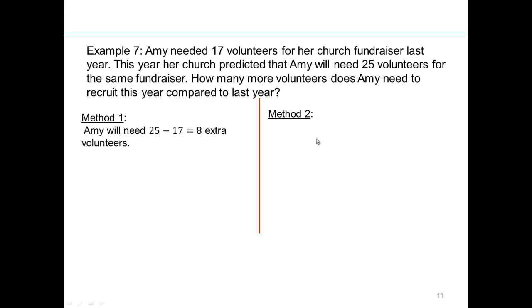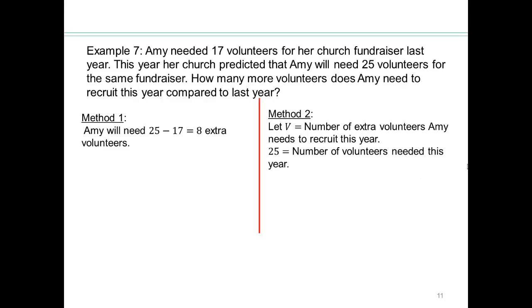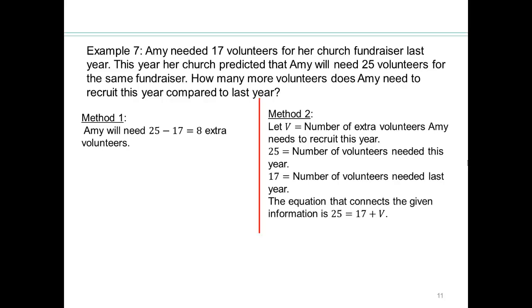But if you don't see that in your head quickly, then again, you can do it systematically. You can say, let V be the number of extra volunteers Amy has to recruit this year. So 25 is the total number you need this year, and 17 is how many you had last year. So 25 should equal 17 plus the new number of volunteers.